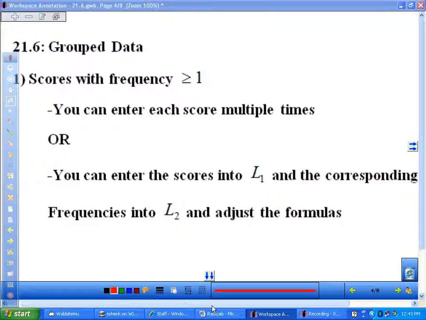And again, when we were looking at the measures of central tendency, we already knew how we were going to take care of the frequency with our scores. We didn't just add up our x's, but we first had to multiply our scores by what? The frequencies. So we took our scores times the frequencies, added all those up. And that's how it's going to be. Every one of these formulas is just going to get changed by multiplying by a frequency. It's just where do we multiply that frequency into?